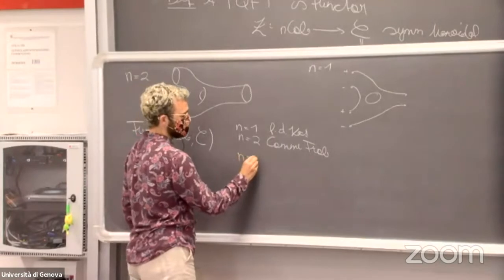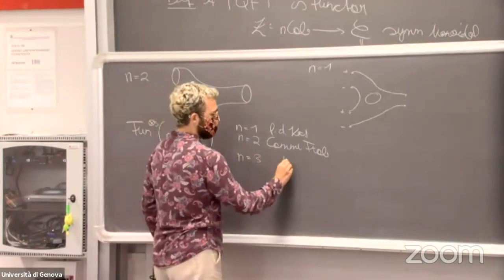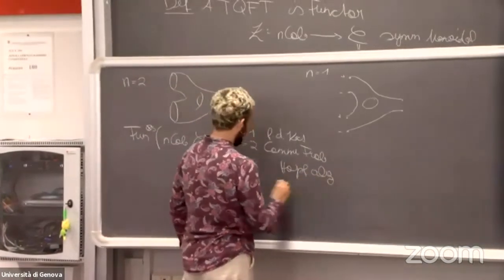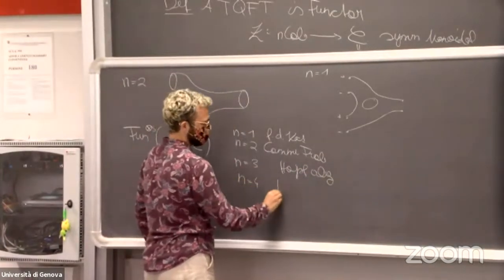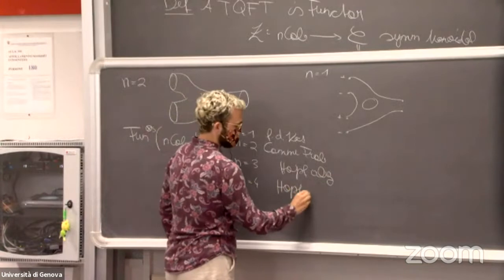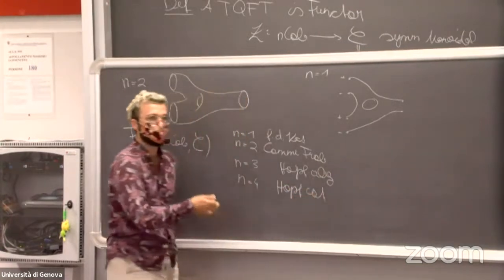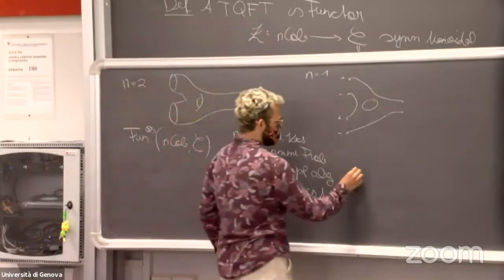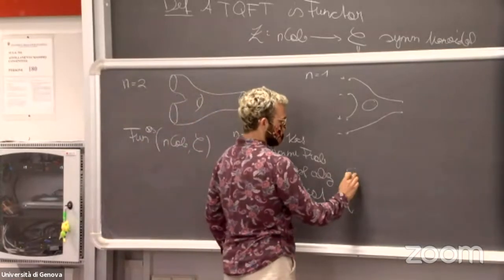And I want to mention here Hopf algebras, and in dimension 4 we have Hopf categories, which is a multi-object generalization of a Hopf algebra. And maybe I mention here some authors.